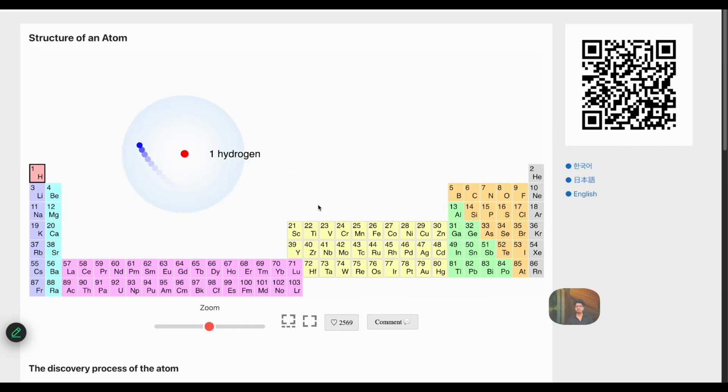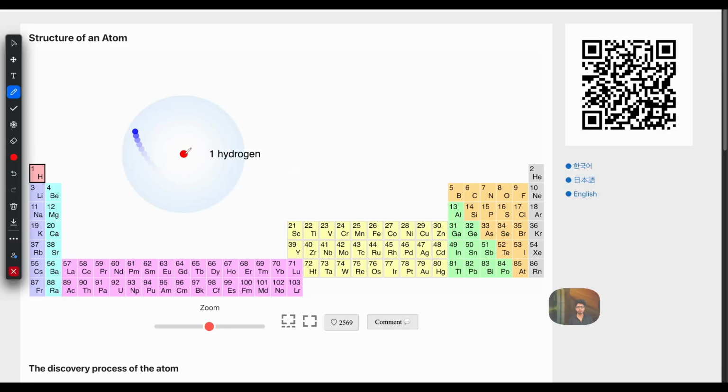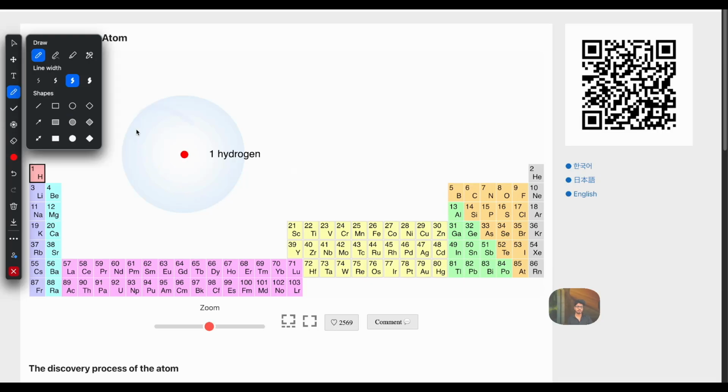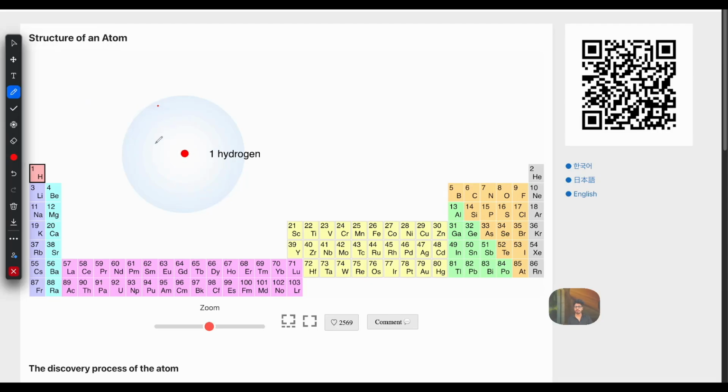Okay, so this is the hydrogen atom. What is the charge on the nucleus? On the nucleus, the charge is positive because of the protons. The electron is revolving around that.